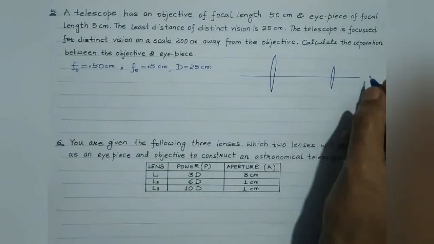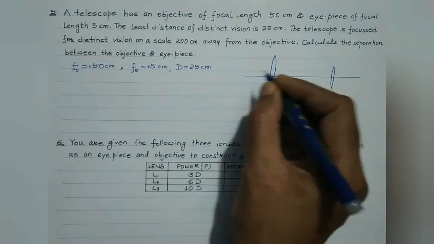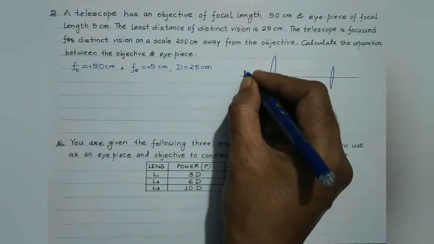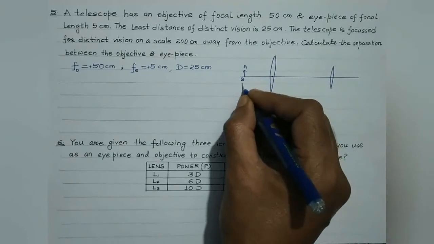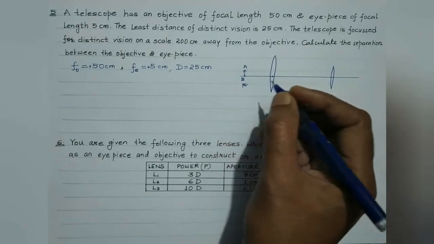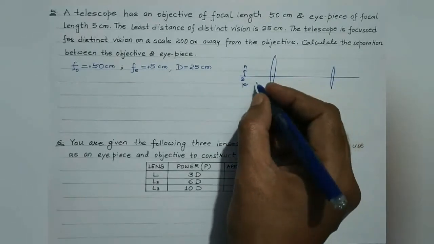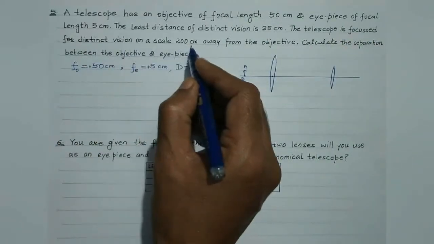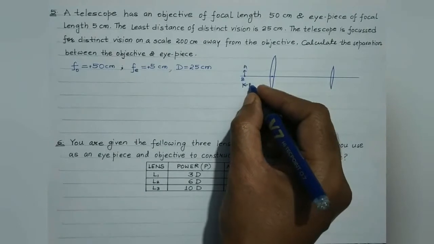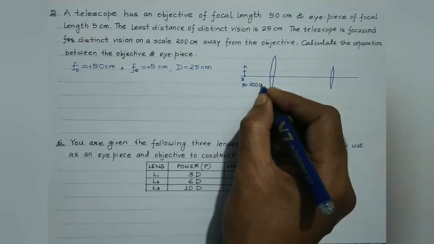So it will act as the principal axis. Now let us consider this to be the object. It is at a distance of 200 centimeters, right? The telescope is focused for a distant vision on a scale 200 centimeter away from the objective. This is 200 centimeter.